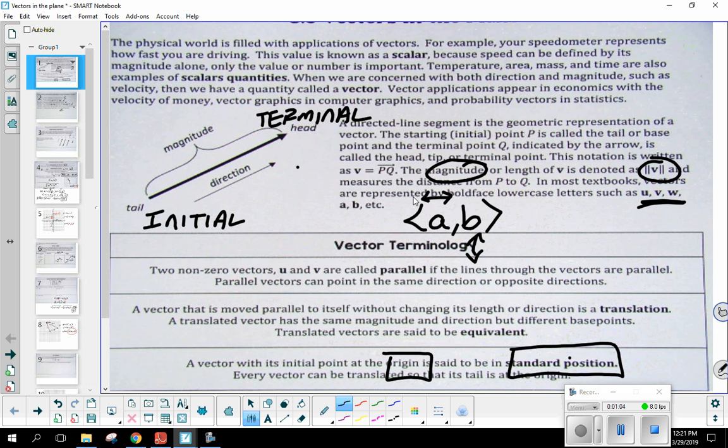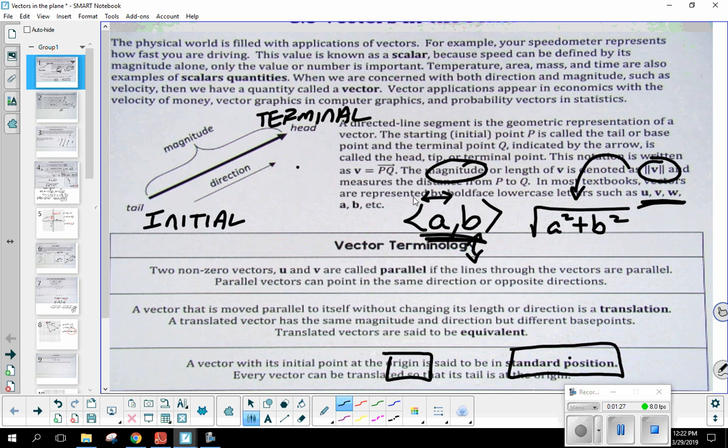Magnitude is typically going to refer to the length, the speed, etc. of a vector. And here's the notation. It's the double bars that you put on a variable, like if I want to say the magnitude of vector v. That formula is the square root of a squared plus b squared, and you take those values right out of the component form.